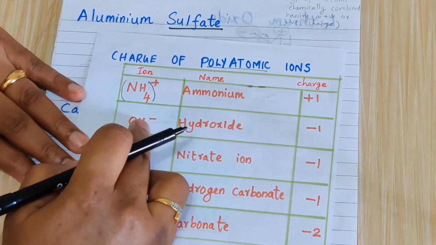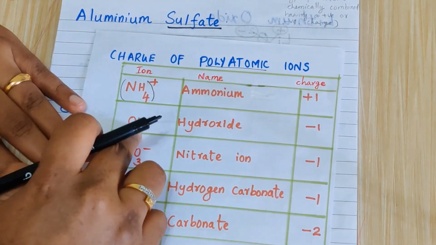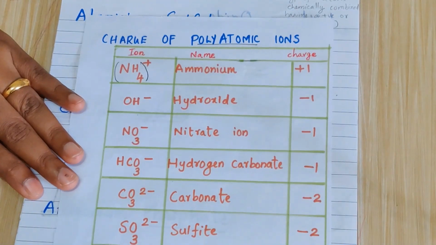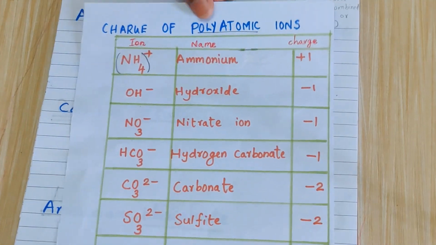So this oxygen and hydrogen are chemically combined and act as a single unit and carry the charge -1. So you have to memorize this chart. This is the list of very important polyatomic ions. Let's check the examples.